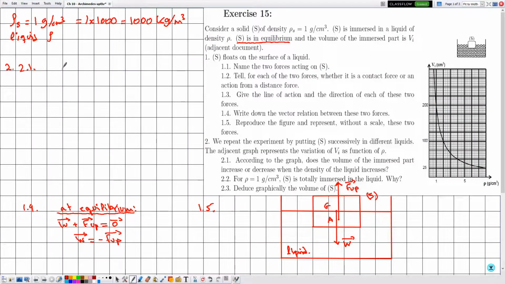Then let's say as rho increases, the volume of the immersed part, Vi, decreases.